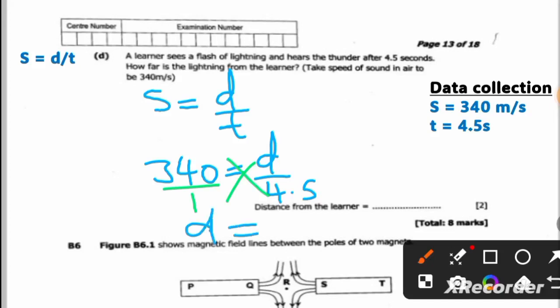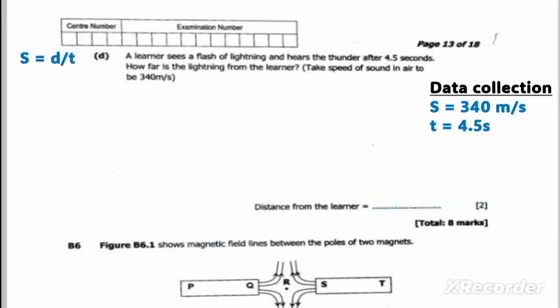So 340 times 4.5, we are going to get 1530 meters. So this is our final answer.